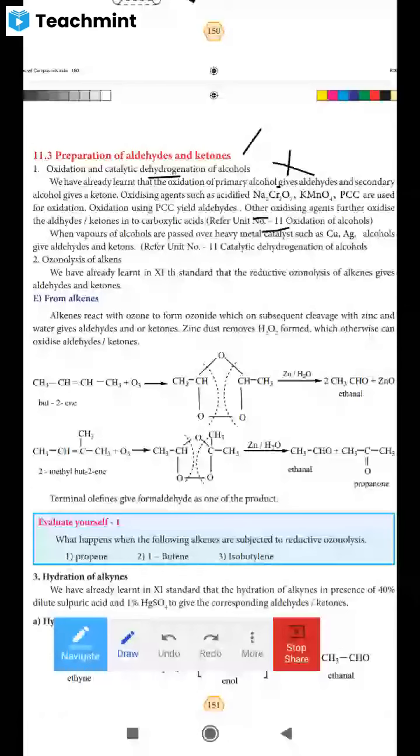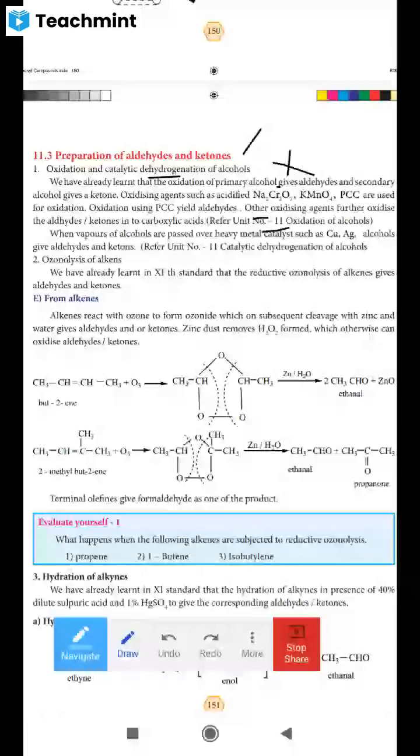So this one I want to teach you, then only you will know about this. I will share the whiteboard and explain this first reaction. First we will finish the second one, after that I will share the whiteboard.